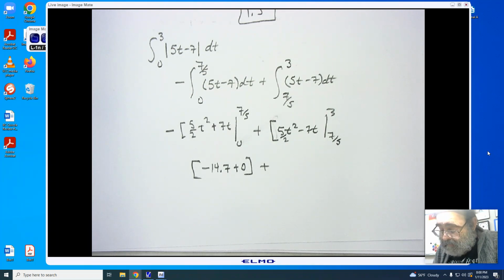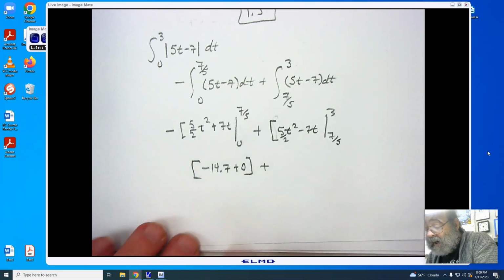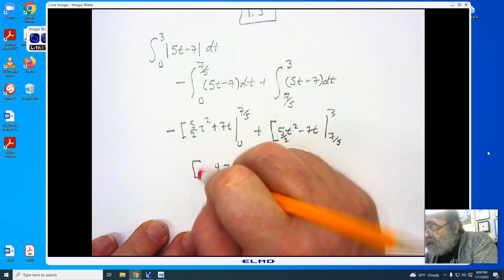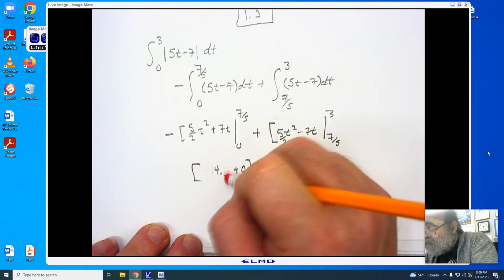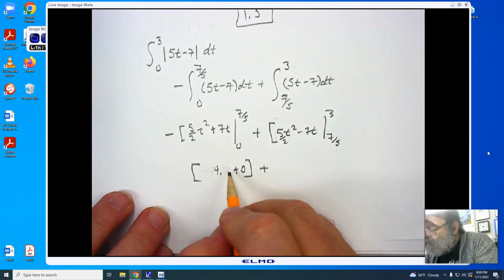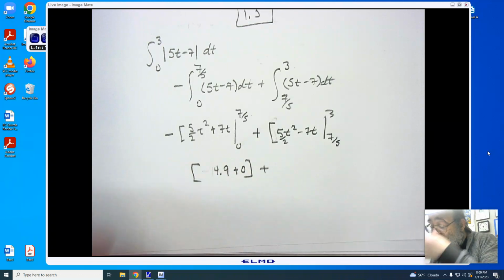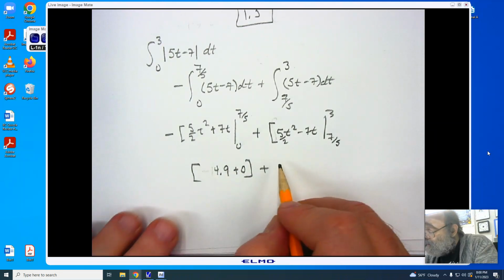Negative 5 divided by 2, parentheses, 7 divided by 5, the quantity squared, plus 7 parentheses, 7 divided by 5, and then hit enter. Alrighty, this is better. This gives me the 4.9. Once again, that double negative is just going to be a subtraction.